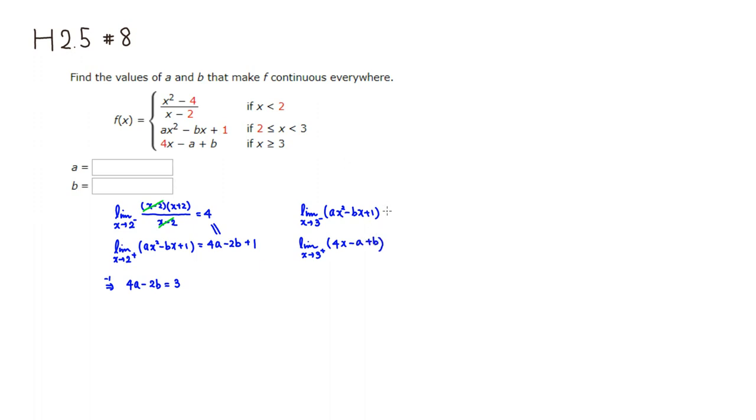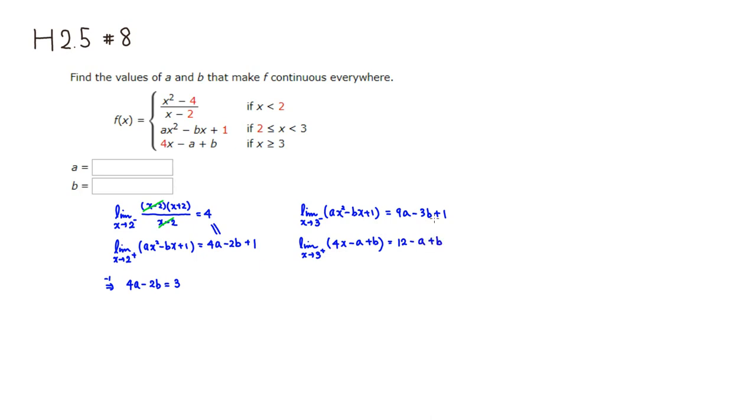We can just plug in. So 3 squared gives 9a minus 3b plus 1, and this is 3 times 4, which is 12, minus a plus b.